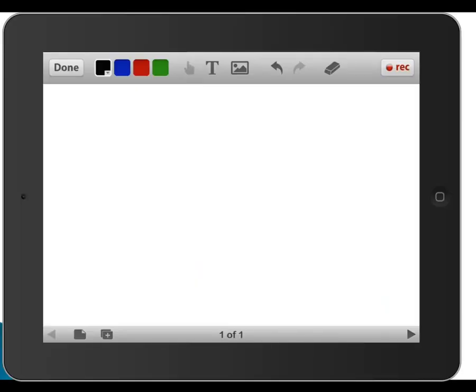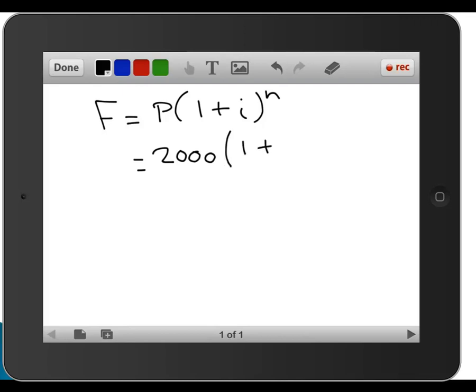Given the formula F equals P multiplied by (1 plus i) to the power n, P is 2000 as given by the problem, multiplied by 1 plus the interest rate 0.10, all to the power n, which in this case is 8.